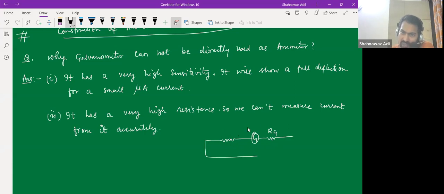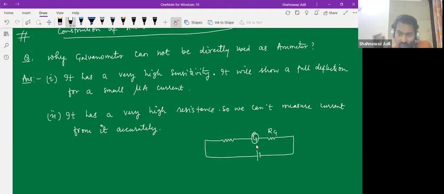So the current will decrease, and it will not give the actual current. It will not measure the current accurately. Is this part clear, guys?